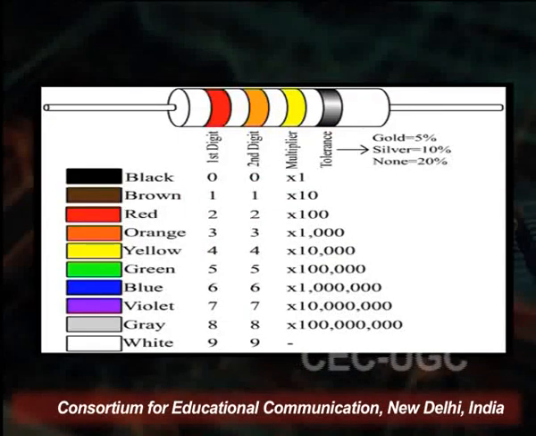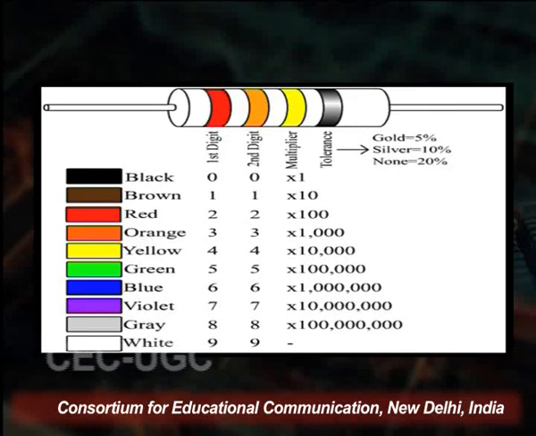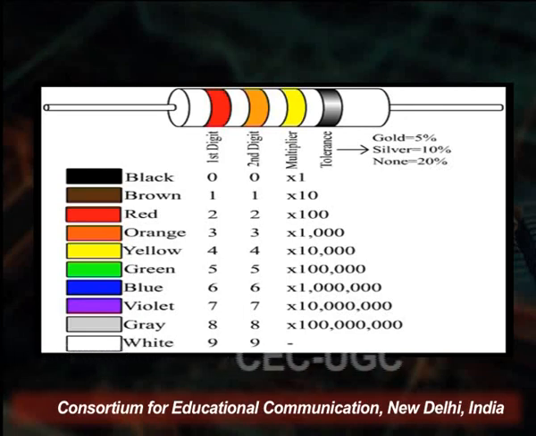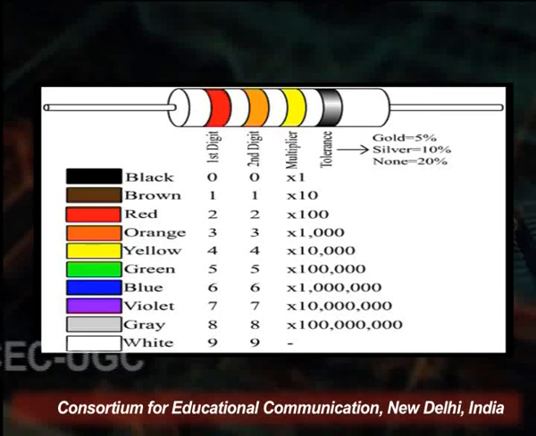Now, you see on the screen the basic numbers which represent a resistor value. From black to white, there are different colors mentioned here, representing digits 0 to 9. The first digit here is a red color, so its value will be 2.